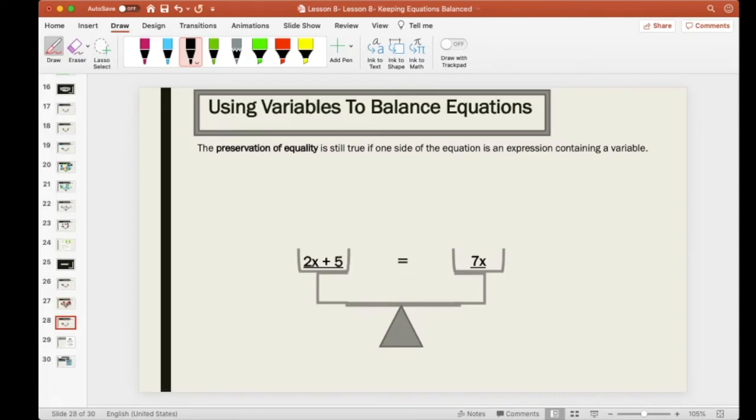So we can just do the math here really quickly. We want to get rid of this 5. Sorry, we don't want to get rid of this 5. We want to get rid of this 2, because we want one side to just have variables, and we want one side to just have numbers. So I'm going to subtract the 2. If I do it on one side, I got to do it on the other side.